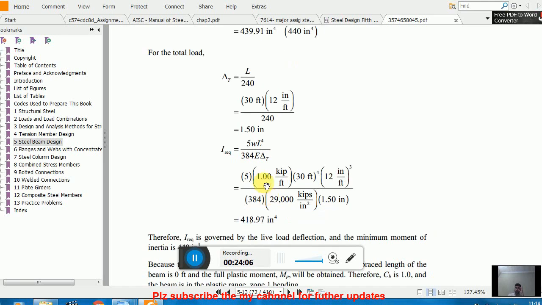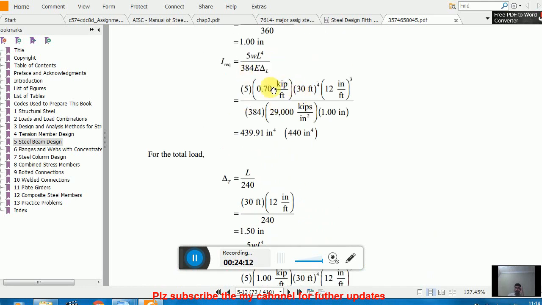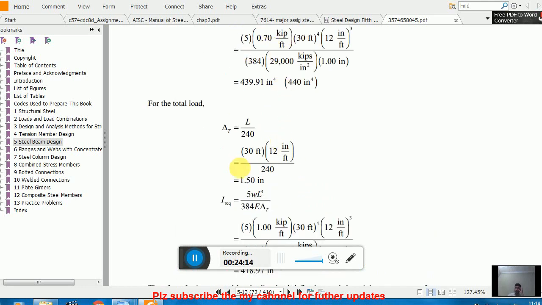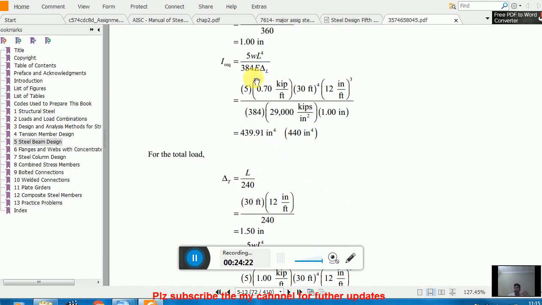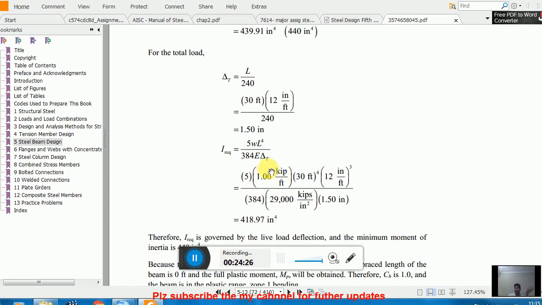Now this is very important information. Here your deflection is minimum, 1 inch, but here your deflection is maximum. So if your deflection is maximum, your I required will be minimum, or if your deflection is minimum, your I required will be maximum. Clear?